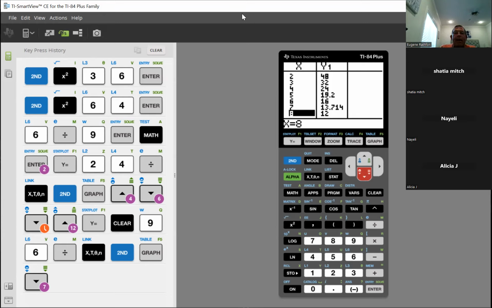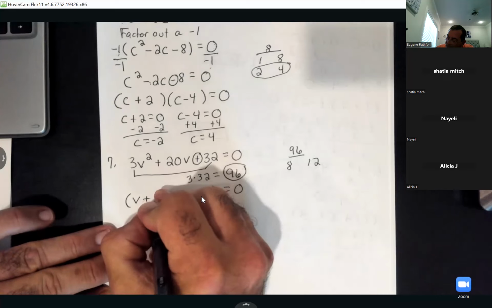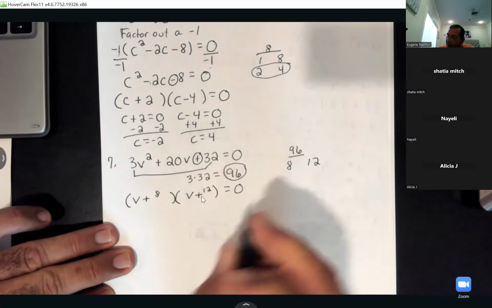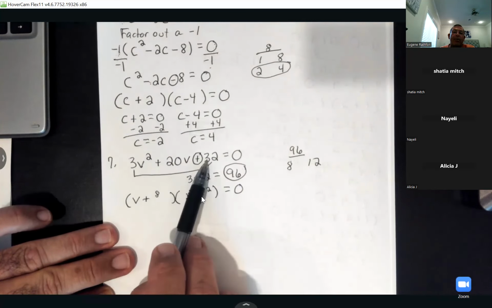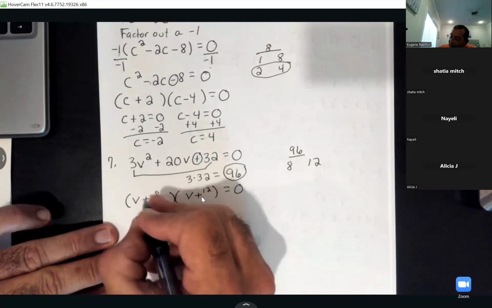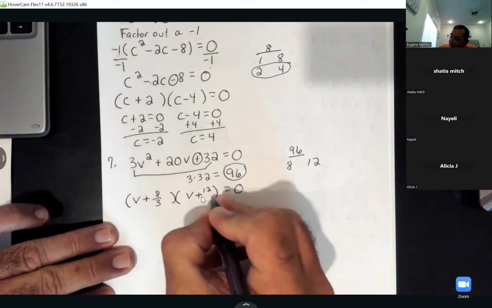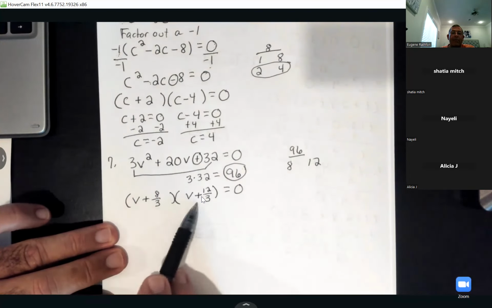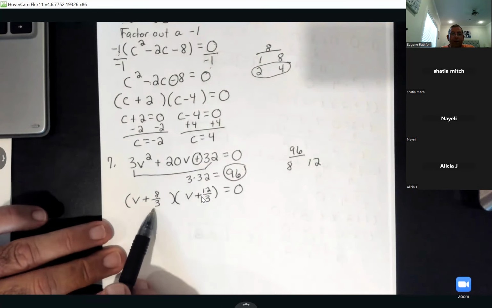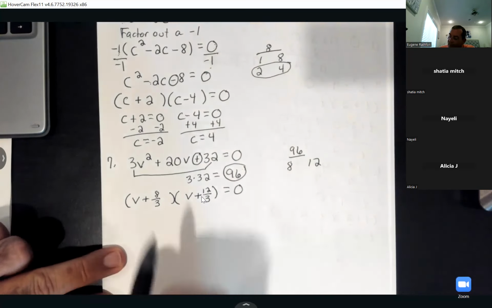So we're going to go back now. 8 and 12 were my factors. So I'm going to put my 8 and my 12. But remember, since I used that 3 to multiply by the 32, I now got to divide out that 3. So let's see if I can simplify my fractions. So y'all, the first one, I cannot simplify no further.